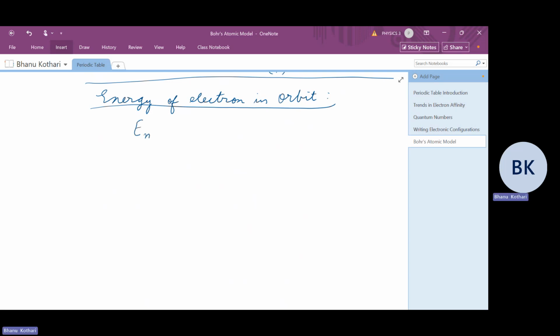So the energy of the nth orbit will be minus Z square by n square into 13.6.